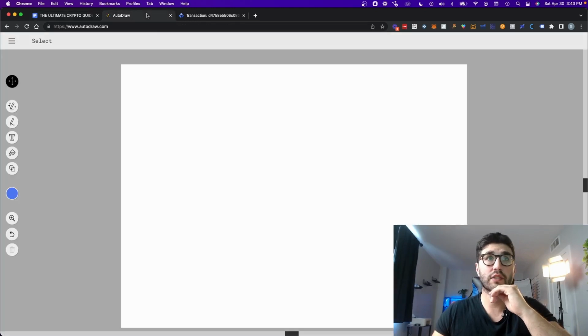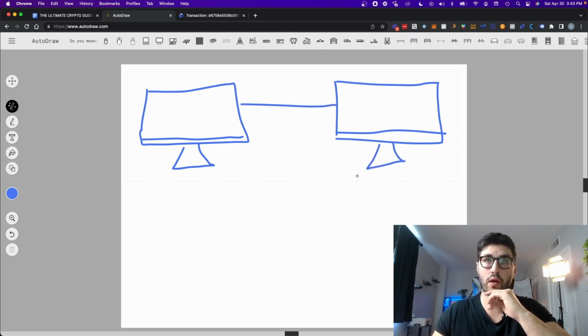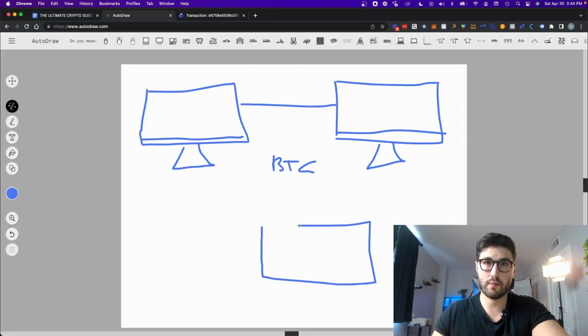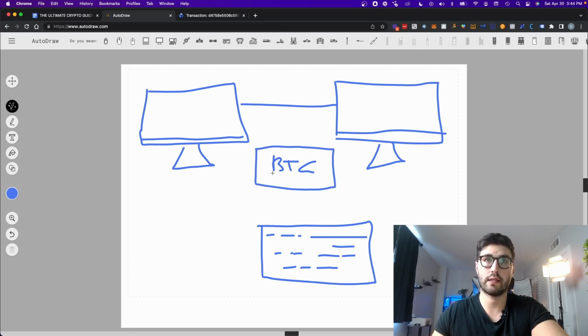So, as I showed you earlier, there is this network of computers. Let's say that this is the network of computers that operate under the Bitcoin network. And in order to process this block right here and make sure that the transaction is valid and all the information is stored correctly, these computers need to solve this mathematical equation that is basically the validator of the transaction.